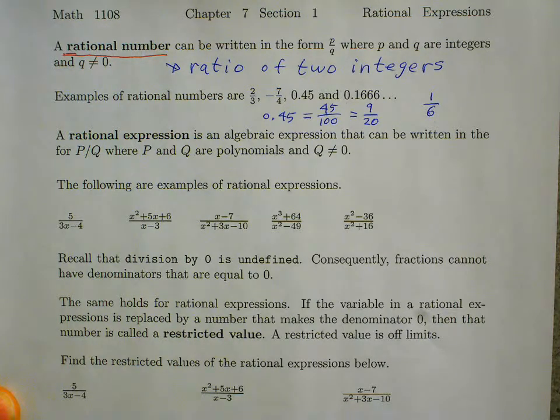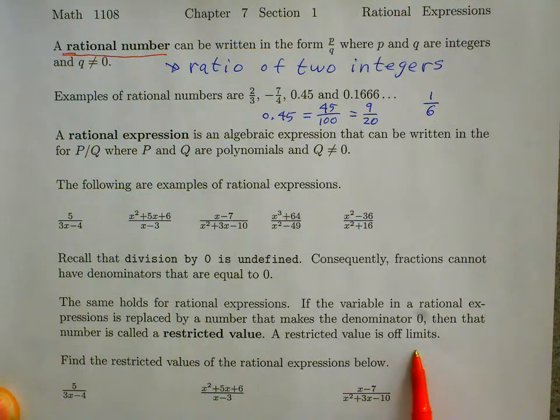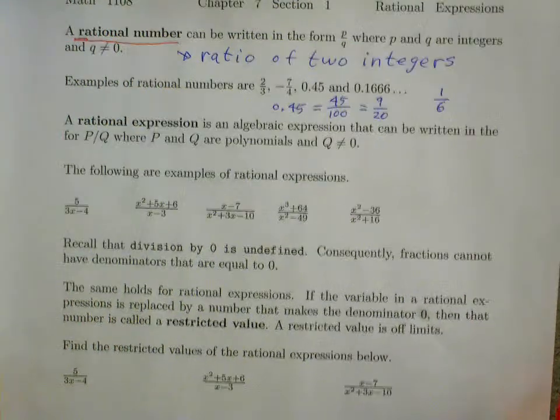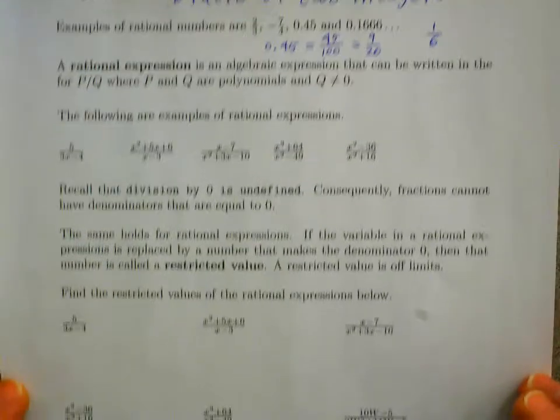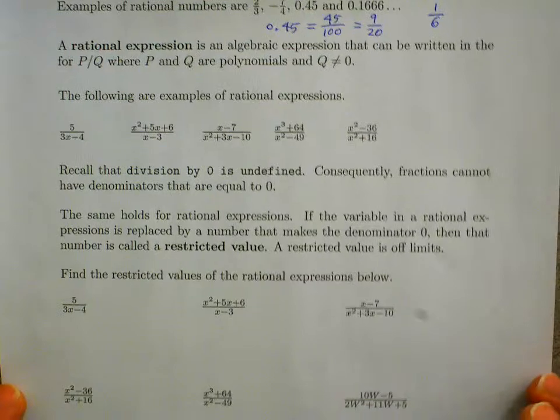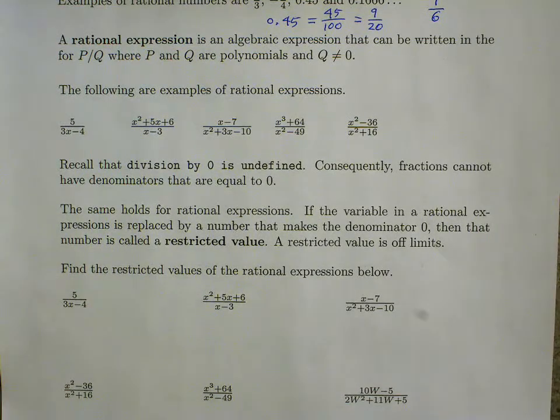A restricted value is off limits, which means for that particular rational expression, we are not permitted to use the restricted value. So we'll look at some rational expressions and find the restricted values.